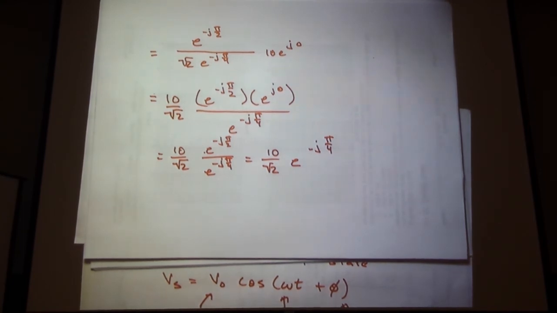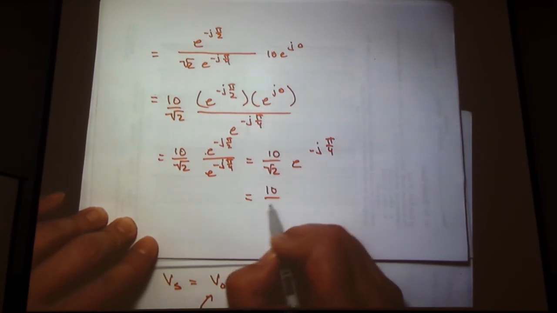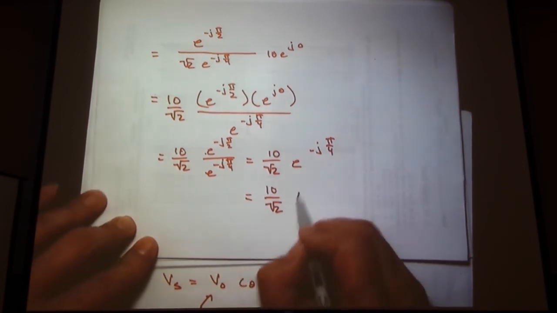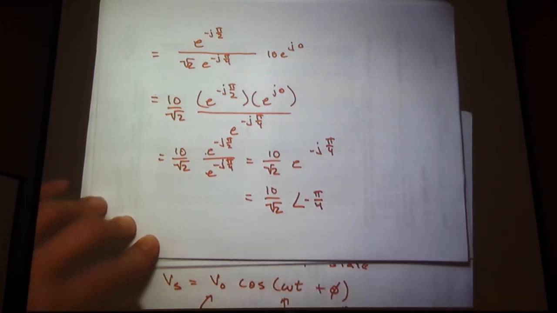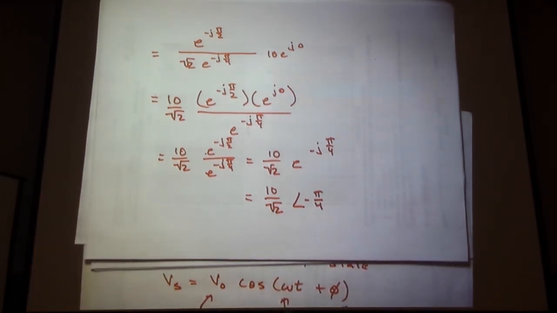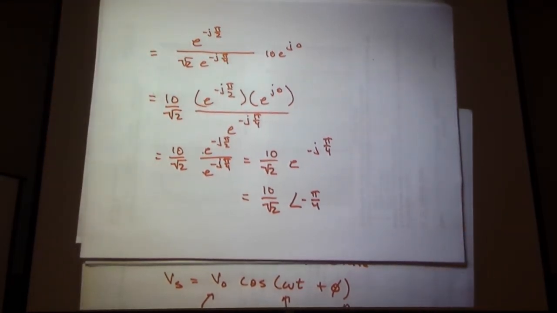And now we can go back and write it the other way again. Go back to phasor form. 10 over square root of 2, angle minus pi over 4. Or if you're so inclined, minus 45 degrees. So what does that mean for us?